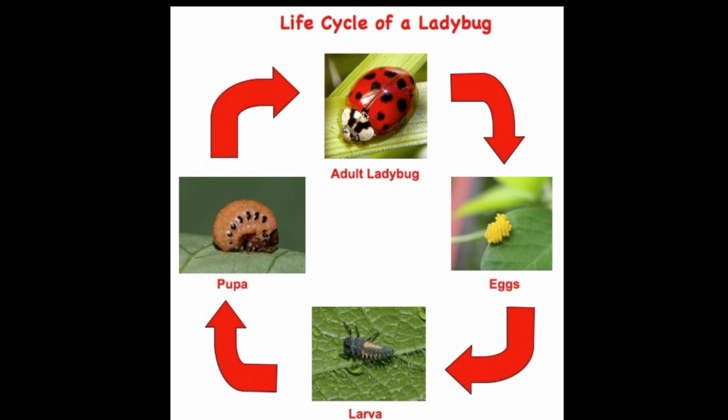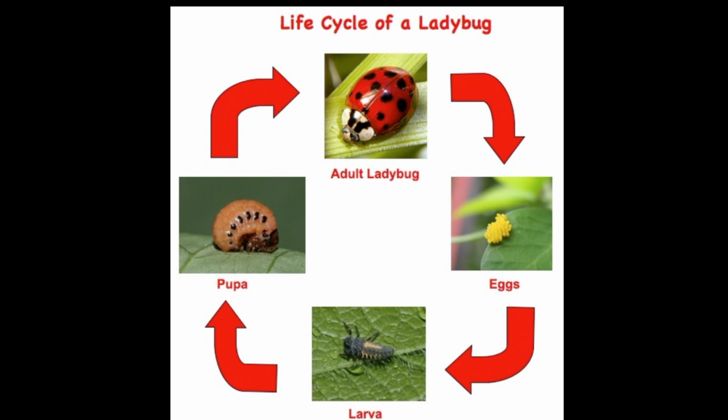So in the butterfly cycle, you also will know that they have eggs, but the larva stage is what we call a caterpillar, the pupa stage is what we call the chrysalis stage, and the adult is what we call a butterfly. So animals that go through this would be things like the ladybugs and butterflies and frogs, although they don't do a larva and a pupa stage, they do a tadpole stage. So I guess we can't really call that complete metamorphosis.